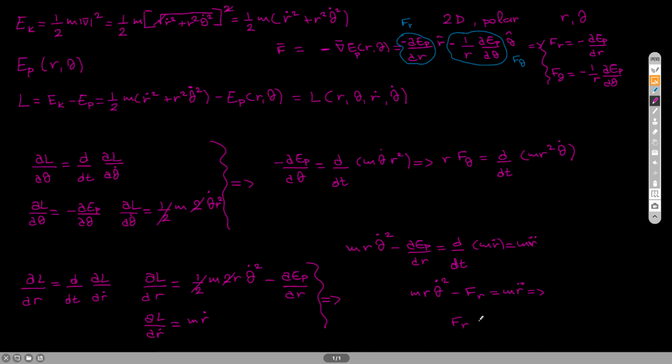So I will have Fr equals mr theta dot squared minus mr. No, I made a typo. So this is the plus, and that means I have plus and minus here.